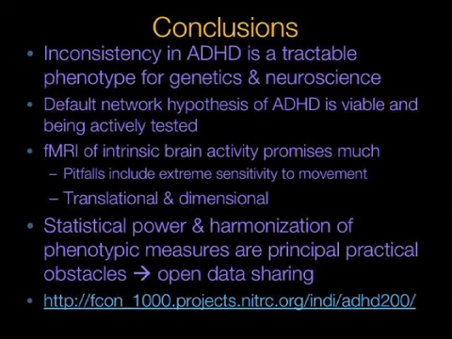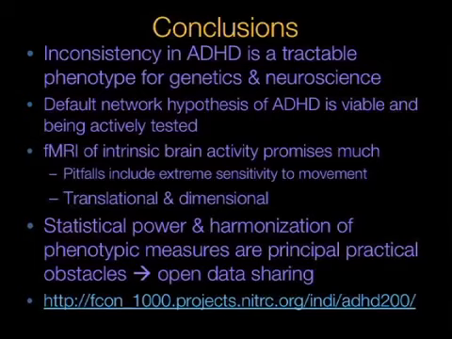So let me conclude. I've just touched on this notion, but I really do think that inconsistency is both a clinical clue and a neuropsychological feature that we can get a handle on. And it's related to genetic susceptibilities, and imaging can use that also to learn more about what's going on in the brain.